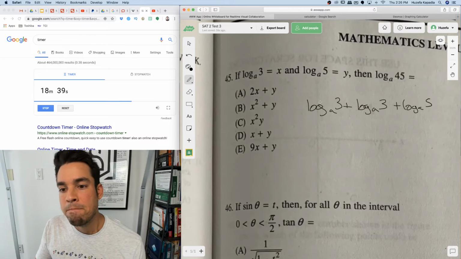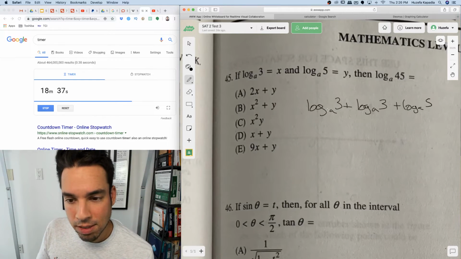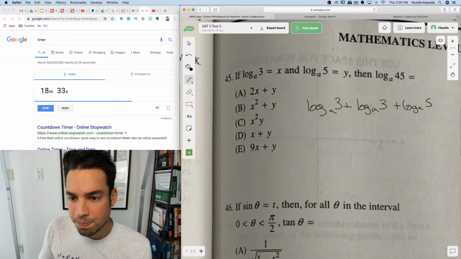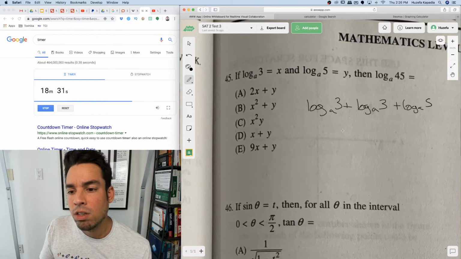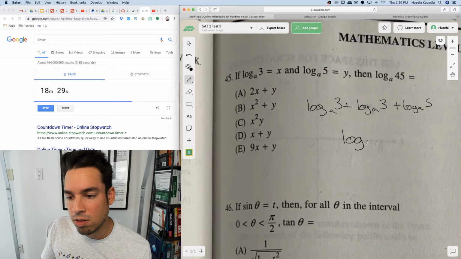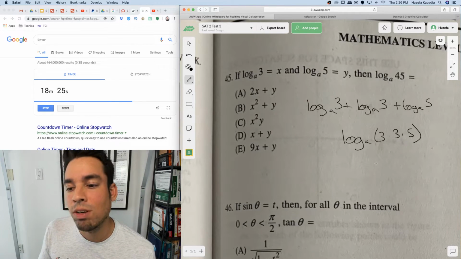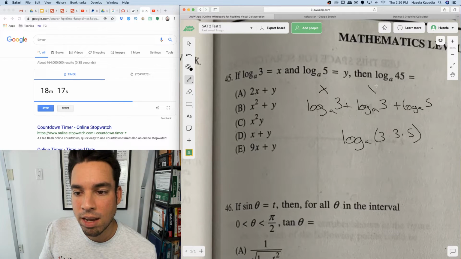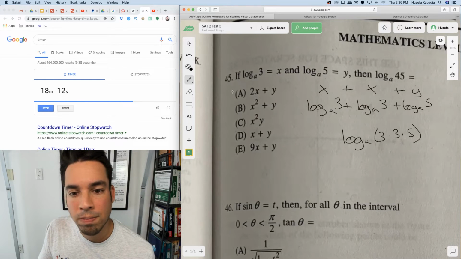Here's why. By my logarithm rules, if I'm adding and I have the same base A, we just multiply these. So this is the same as log base A of 3 times 3 times 5, which is 45. 3 times 3 is 9, times 5 is 45. So this is log of 45, and since log base A of 3 is x, and this is x, and this is y, we have 2x plus y.